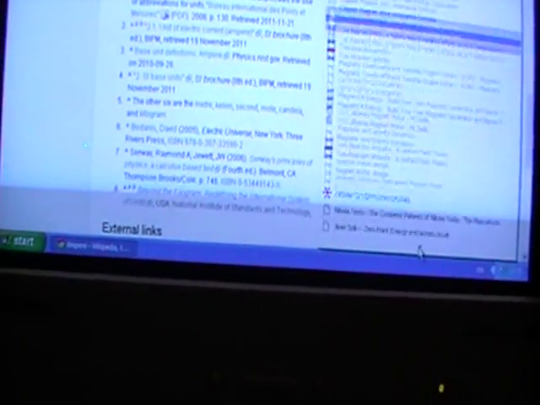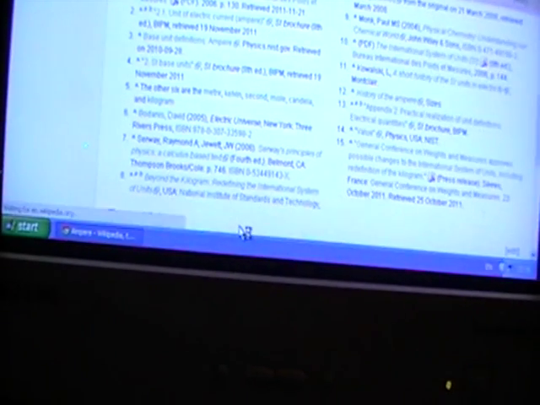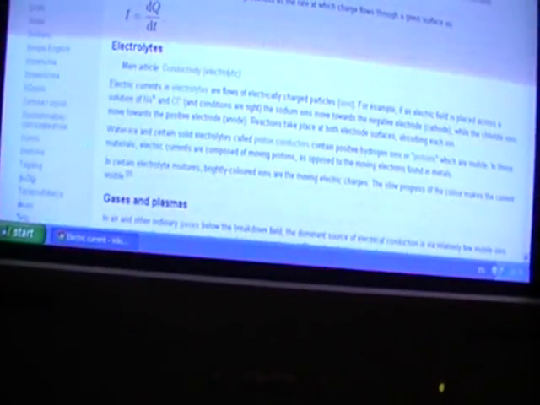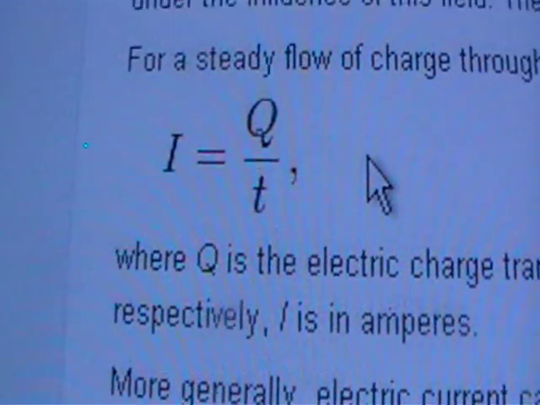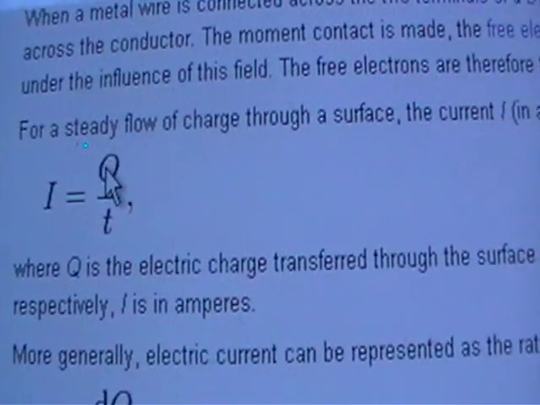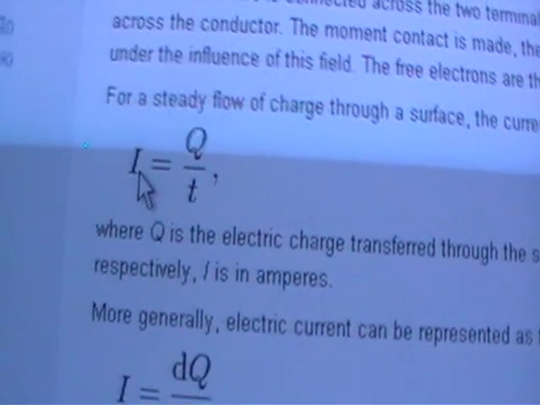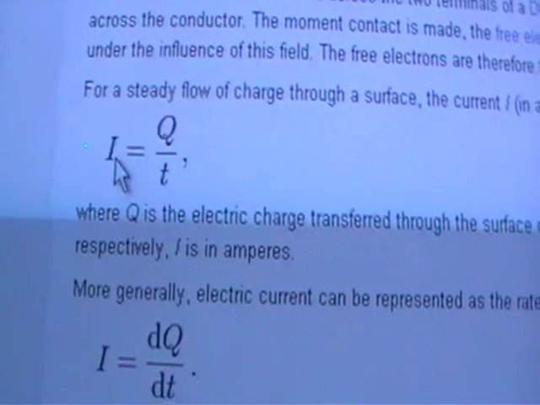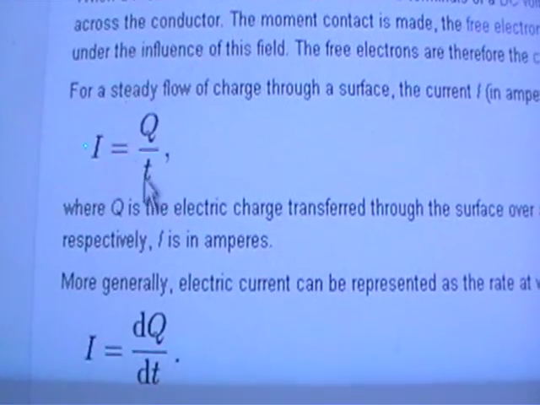Another formula we are going to talk about is this formula. This formula is about current, which is measured by ampere, and electric charge per unit of time.